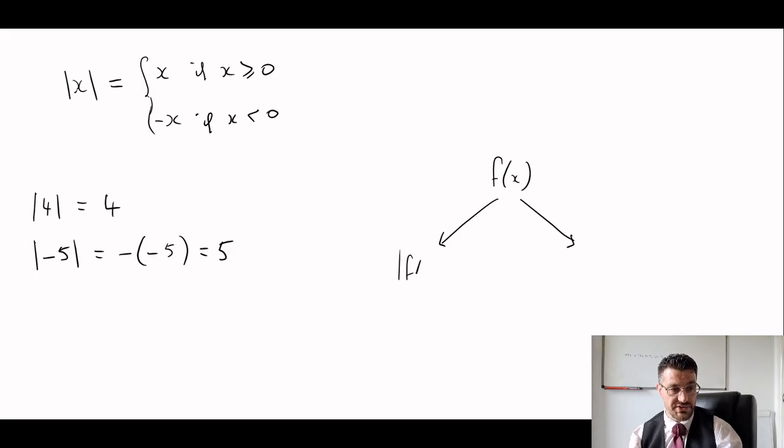There's the modulus of f of x, and there's f of the modulus of x. Now the first one, the modulus of f of x, is the one that people are generally not too bad with. But the second one, f of the modulus of x, is where people have got no idea.